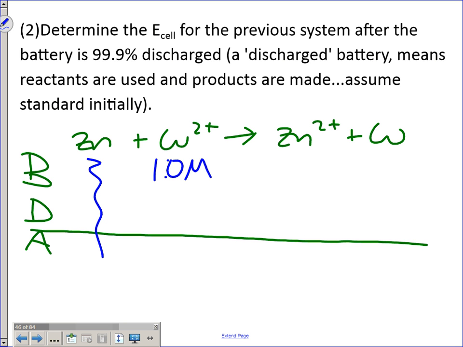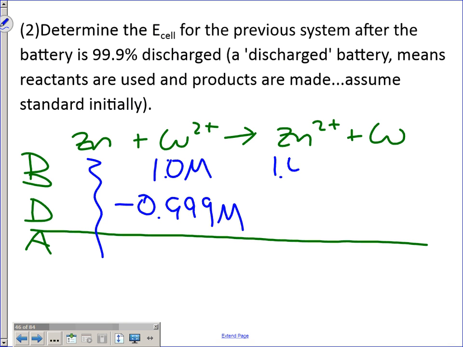All right, if 99.9% gets consumed because it's discharged, we're subtracting 0.999 molar over here. And on this side, what's this right here? Zero? Nope. One. You're assuming original conditions because you have two sides of the cell. This already has 1 molar concentrations for the whole system.